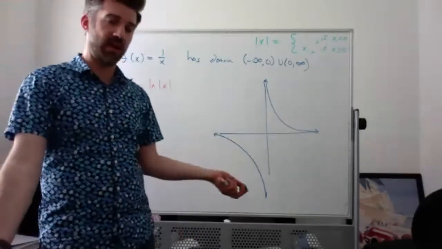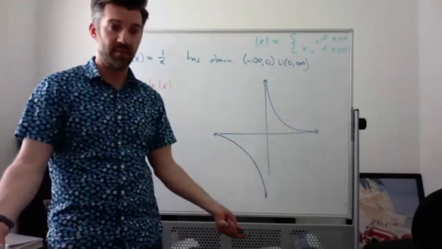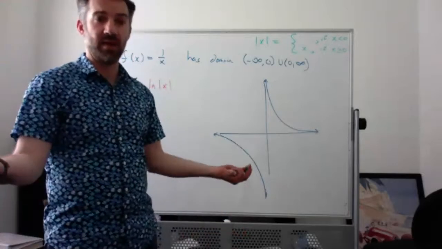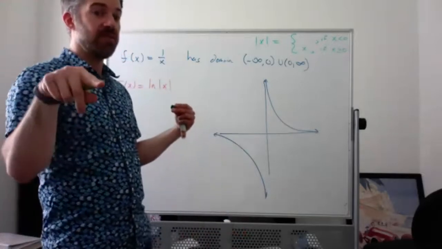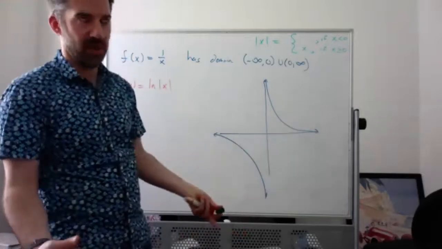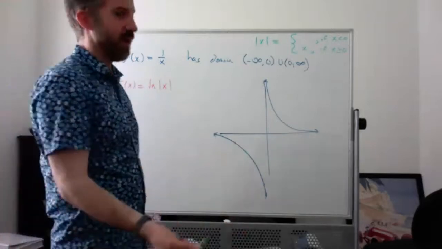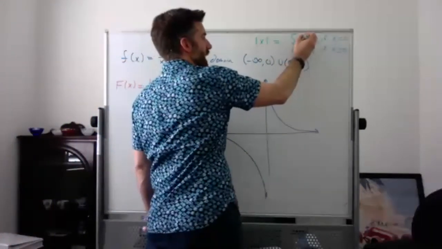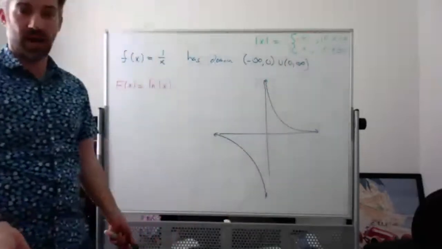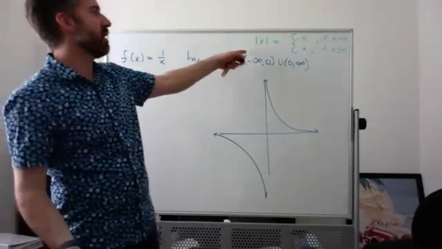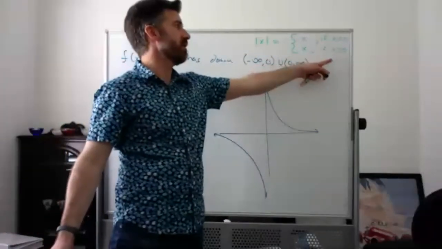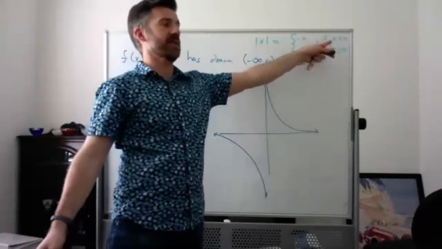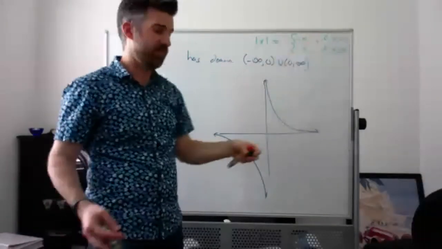You can't say the absolute value of negative 5 is just negative 5. The absolute value of negative 5 is positive 5, because the way you take the absolute value of a negative number is to negate it, to turn it into a positive. So the absolute value of x is x when x is already positive, and it's negative x when x is negative.